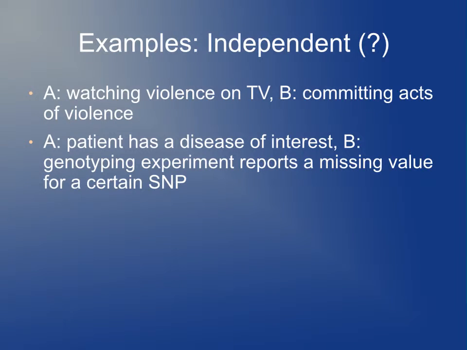On the other hand, maybe the SNP is in fact associated with the disease, and maybe the minor allele, or the major allele for that matter, is more likely to be missing than the other allele because it gets genotyped less readily or something like that. In that case, the disease and missingness may actually be associated.